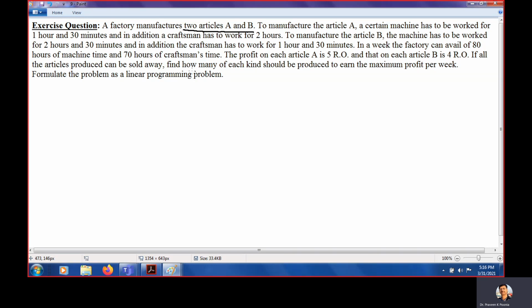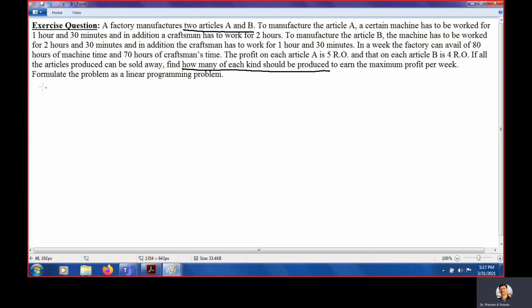If you read the last line, how many of each kind should be produced? So it is very clear from the first line and the last line what the decision variables are. The first line says a factory manufacturing two types of articles, A and B. In the last line, he's saying how many of each kind should be produced.